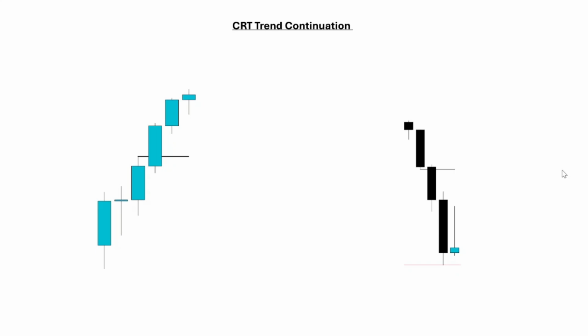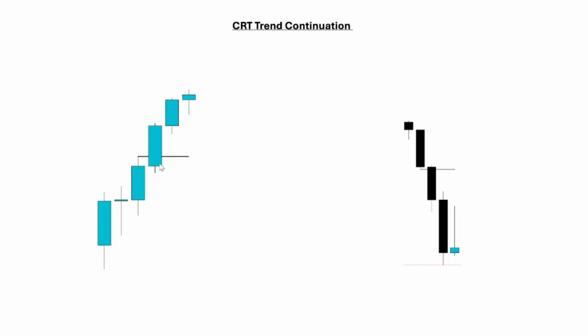Now, CRT trend continuation. In a CRT trend continuation, first we talk about anticipating higher prices or an up close candle.